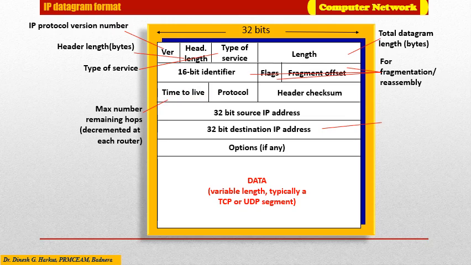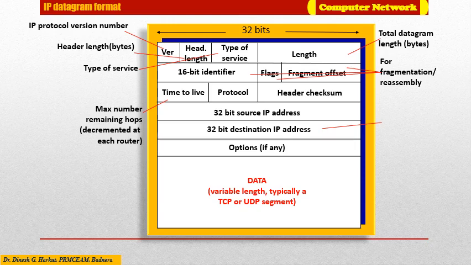The next field is time to live. The time to live, that is TTL, field is included to ensure that datagrams do not circulate forever, for example in long-lived routing loops. This field is decremented by 1 each time the datagram is processed by a router.